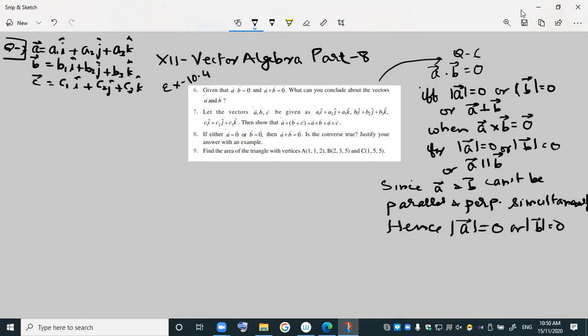We have to show that A cross B plus C, this we have to prove, A cross (B plus C) is equal to A cross B plus A cross C. So any side we can solve first.